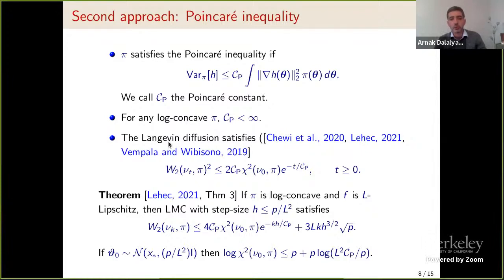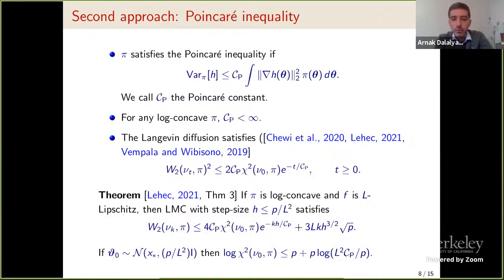So why is this Poincare inequality and the Poincare constant interesting in the framework of sampling? Because the Poincare constant is exactly equal to the inverse of the spectral gap of the transition operator.